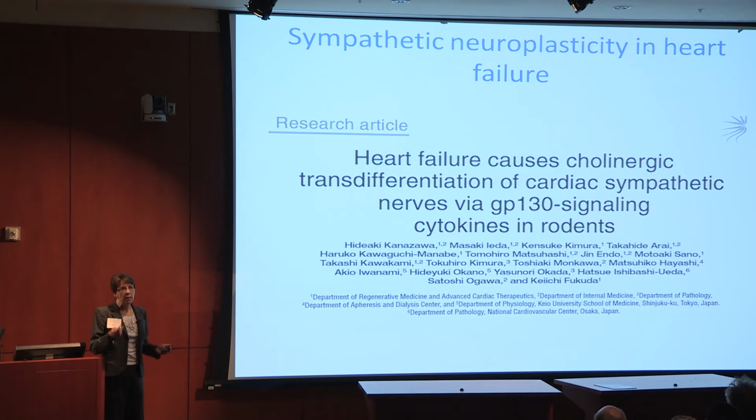So I think many of you in this audience will be very familiar with this paper that came out several years ago now from the Fukuda lab, saying that sympathetic neurons start making acetylcholine instead of norepinephrine in heart failure, and that's caused by activation of GP130.